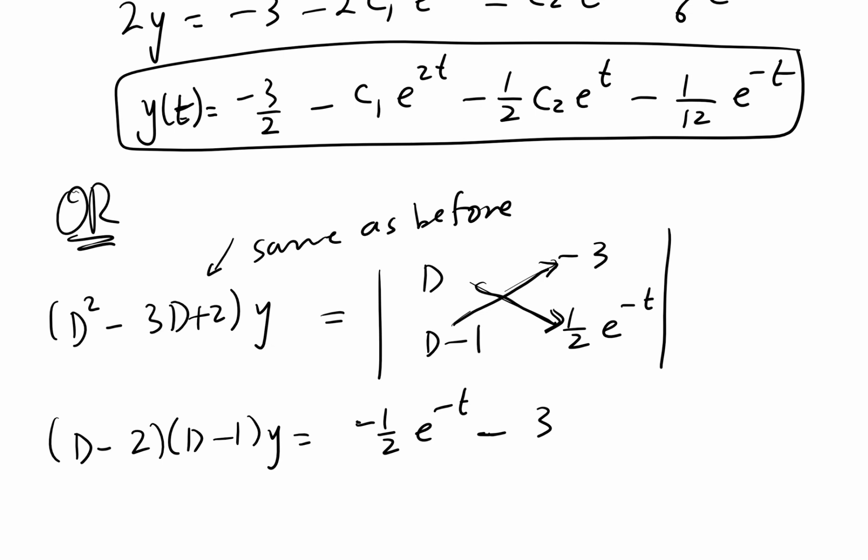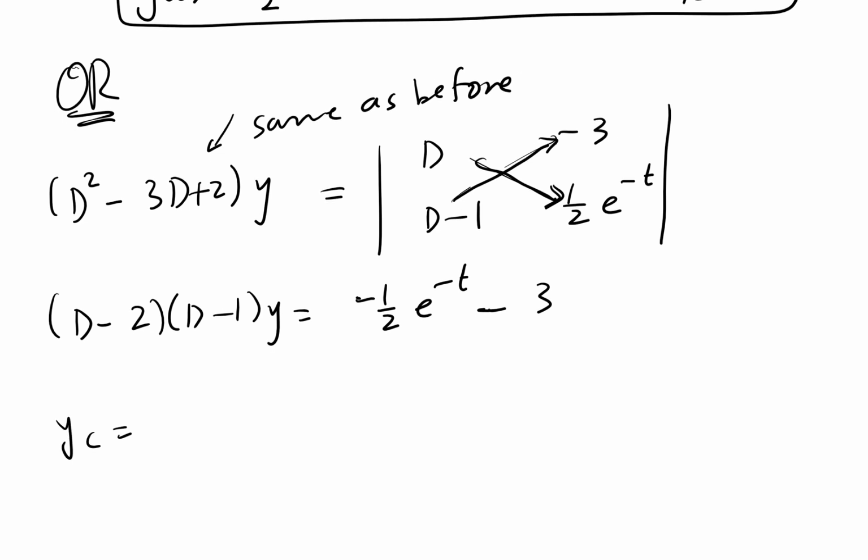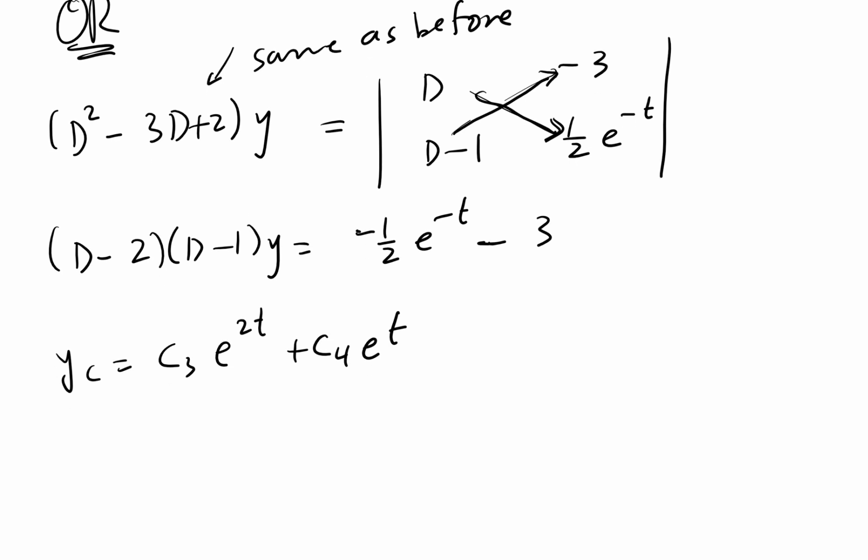So then what we have, the y complementary, not x complementary, is y complementary. We use C3 because we use C1 and C2 already. C3 e to the 2t plus C4 e to the t. And now to get the y particular, look at that, it looks like the previous one. Let's say C plus D e negative t.